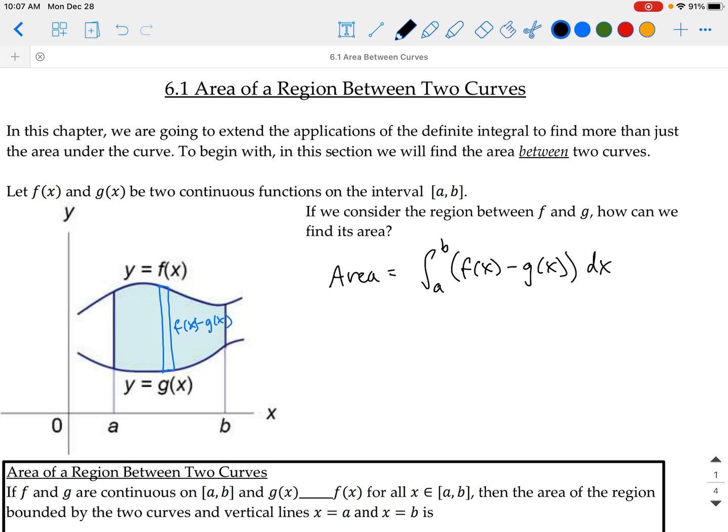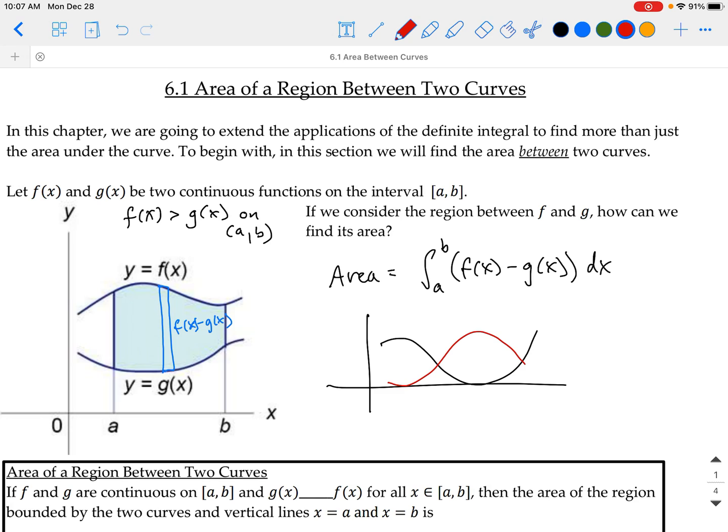Now, note we do have to consider this for every portion where the functions are above and below. So note in this example, f of x is strictly greater than g of x on our interval AB. But we can also have functions where the relationship changes between certain points.